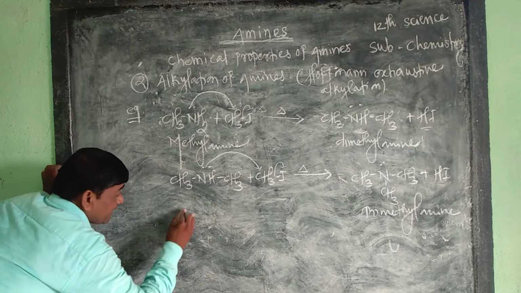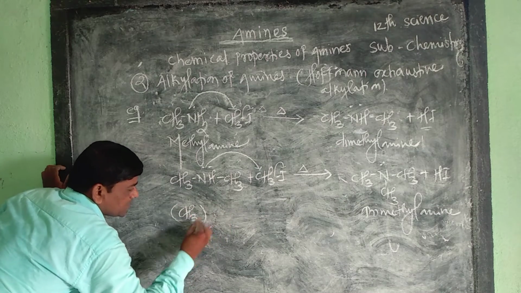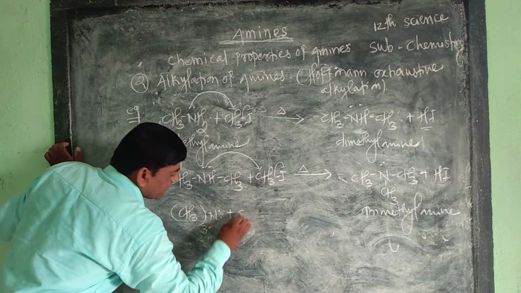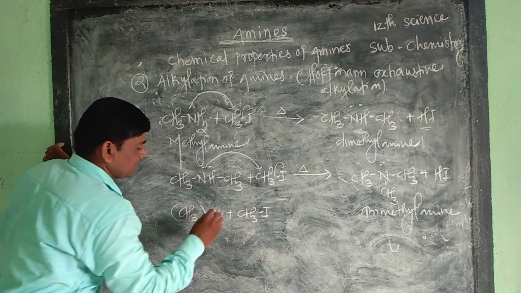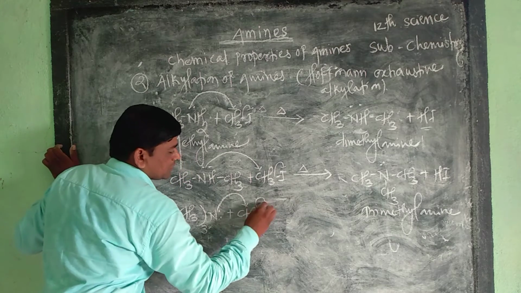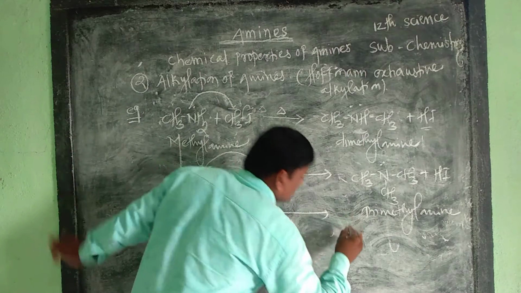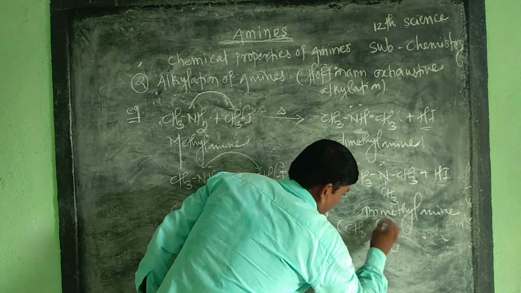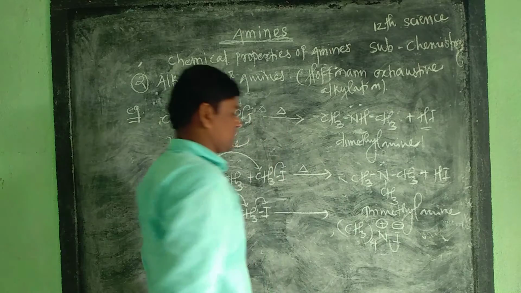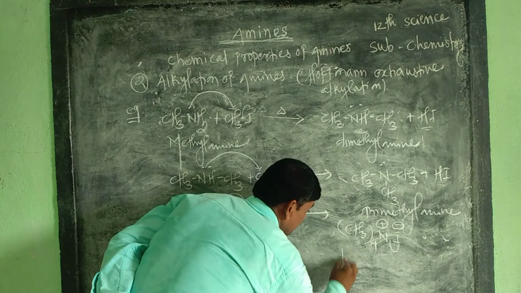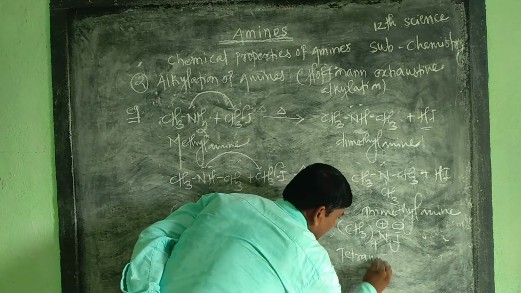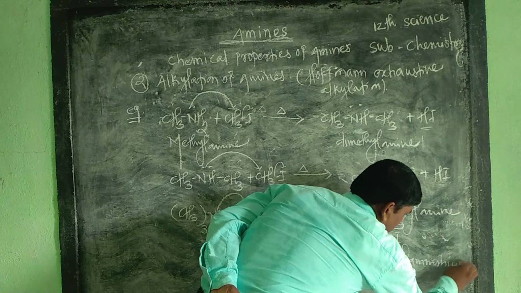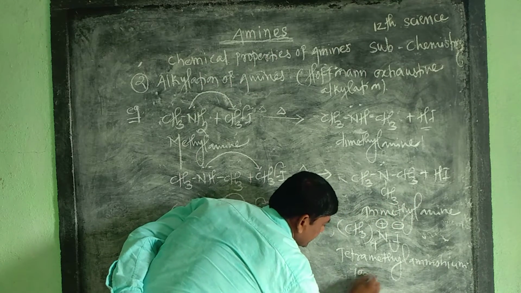Now the tertiary amine like this, we have to take here three times. Okay, this is known as a tertiary amine, again reacted with methyl iodide. Then again it attacks on this, the electron is shifted here, and then it will give CH3 four times, with positive charge, and iodine carries negative charge. This is known as tetramethylammonium iodide.